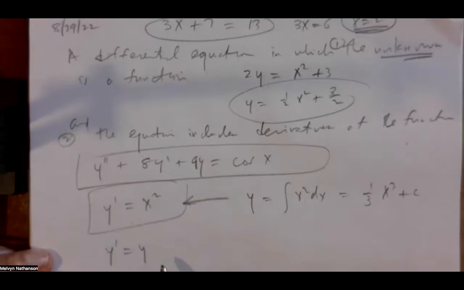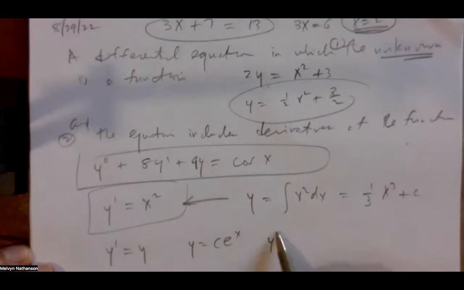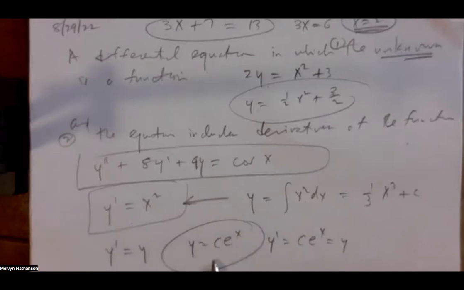On the other hand, you proved in calculus that if you take the function y equal to any constant times e to the x, that y prime is also c times e to the x, which is y. So for any number c, this function is a solution of this differential equation.